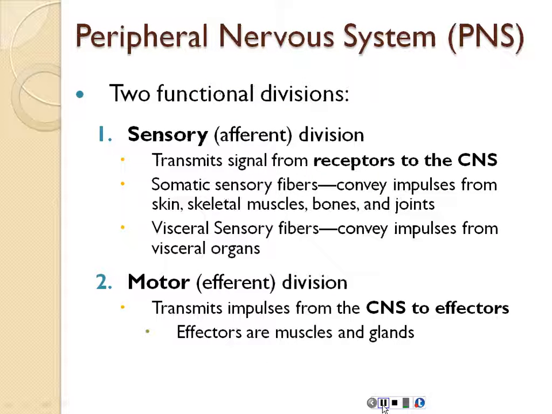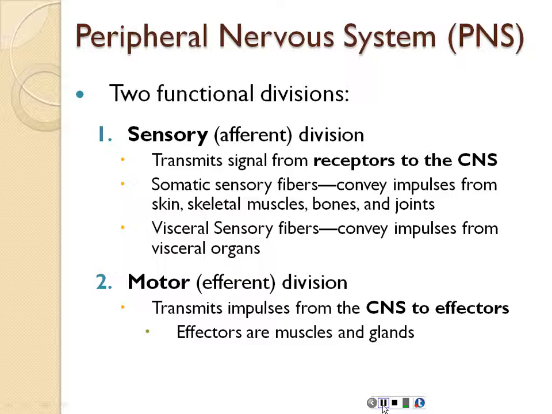So the CNS and the PNS. We talked a little bit about how the nervous system works, how the CNS and PNS work together, and the role of the CNS and the PNS. Overall, from last time, we said the CNS is considered what?